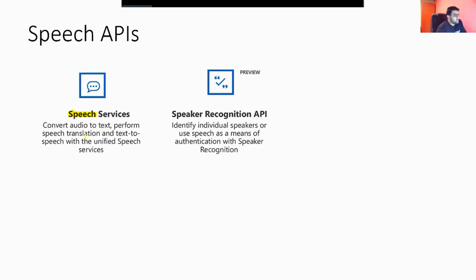And if you provide text, you can also convert it to speech. And here is speaker recognition. If you input a sample speech of some person, it will identify those features, and the next time we upload a sample audio, it will identify whether it is the same person or a different person.